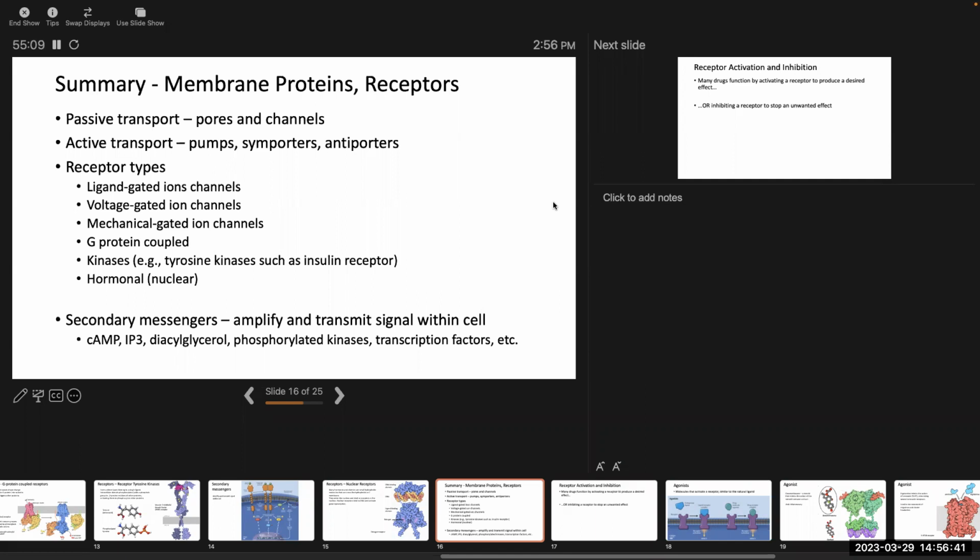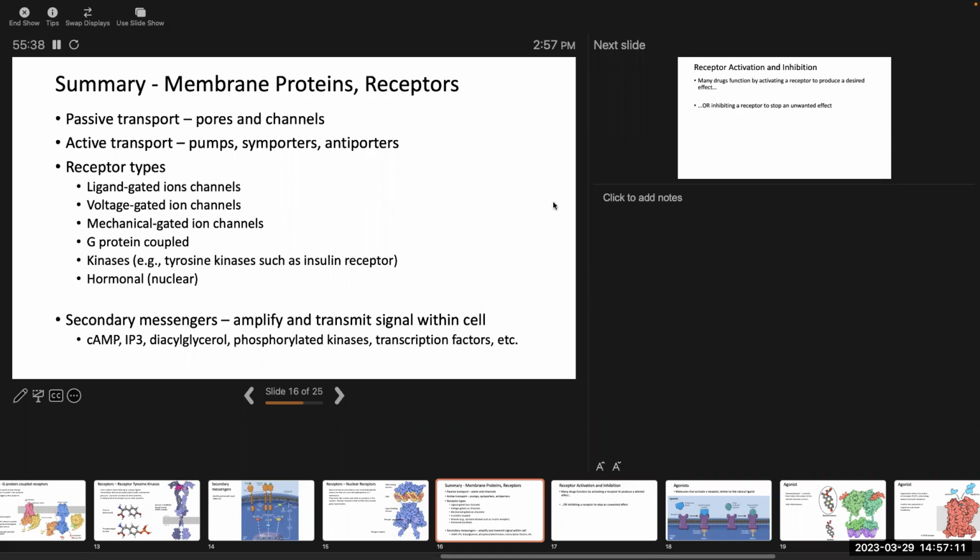You got the G protein coupled receptors that interact with the G protein inside the cell, cause that G protein to split, and it's usually then the alpha subunit that then triggers some other enzyme inside the cell. You've got kinases such as receptor tyrosine kinases, and then you've got these hormonal receptors or nuclear receptors where the molecule just enters the cytoplasm directly and then ultimately triggers something inside the nucleus.